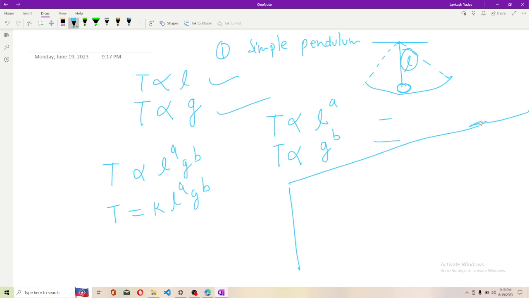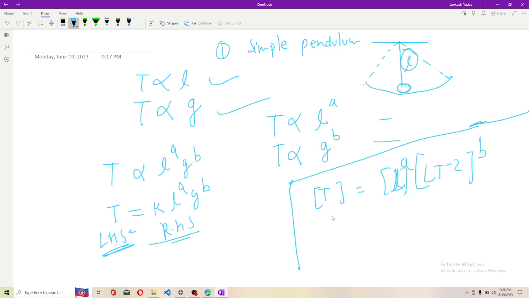Now what we can do is dimensional analysis. I have already told that the dimensions of the left hand side are equal to the dimensions of the right hand side. So by using this method, dimensions of T are equal to dimensions of L raised to A, and G has dimensions LT minus 2 raised to B. So dimensions of T equal L raised to A, L raised to B, T raised to minus 2B.